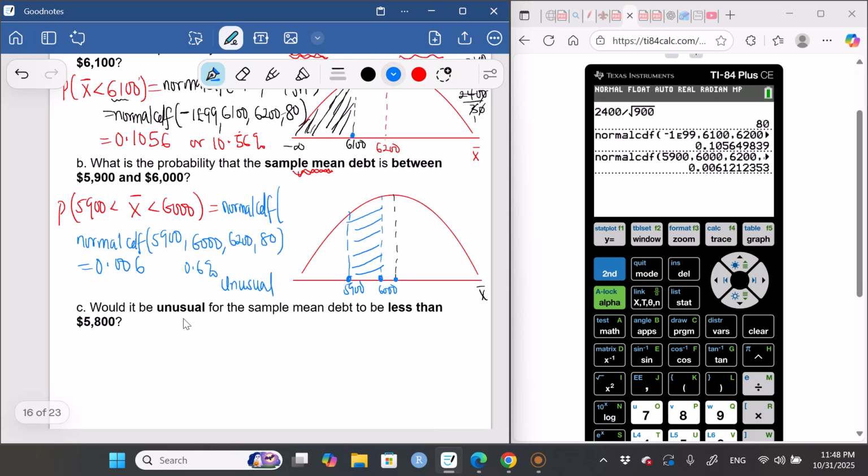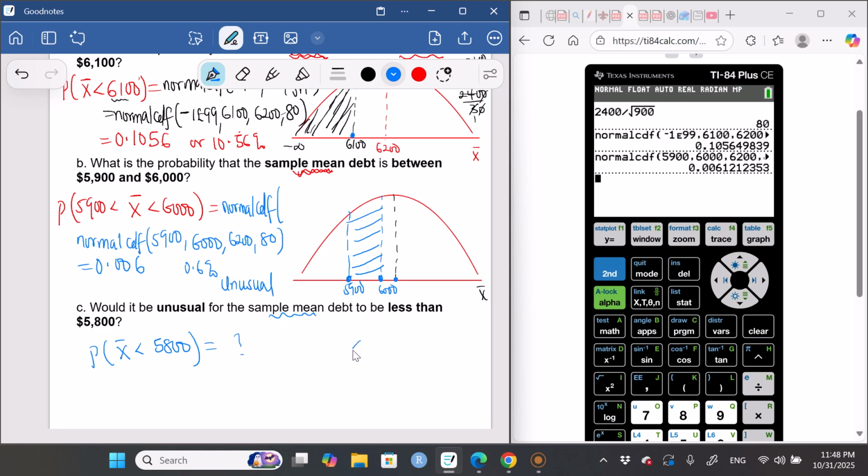Now, looking at the last one, would it be unusual for the sample mean to be this? I would like you to try the last one. The only case you can have the unusual is the probability that your sample mean is less than 5,800. Okay? I want you to confirm this.